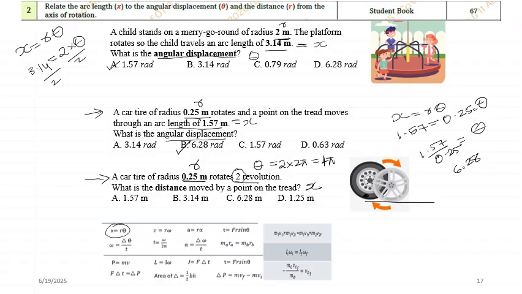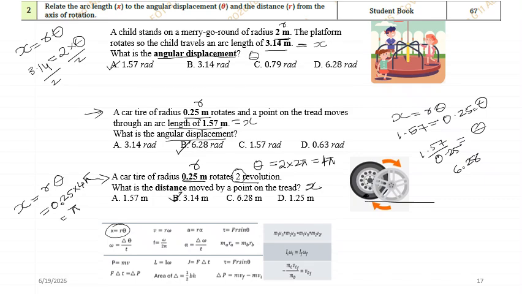The equation is x equal to r into theta. So r will become 0.25 again, multiplied by 4 pi. Okay, so finally what we will get is pi. Okay, so what is pi? Pi is 3.14.